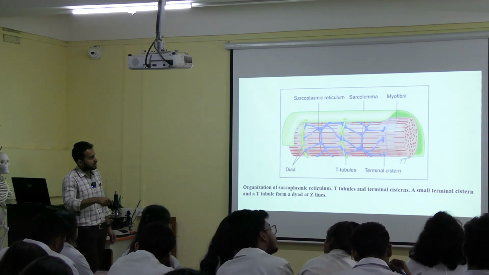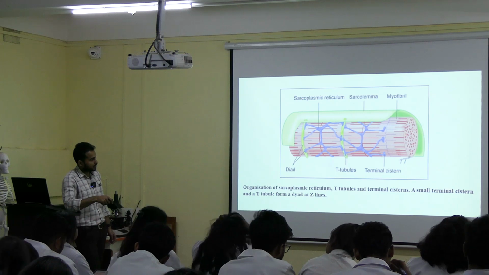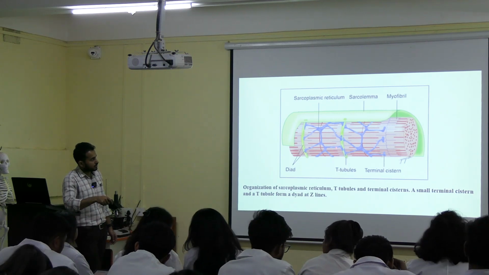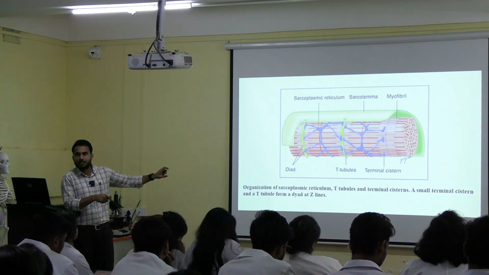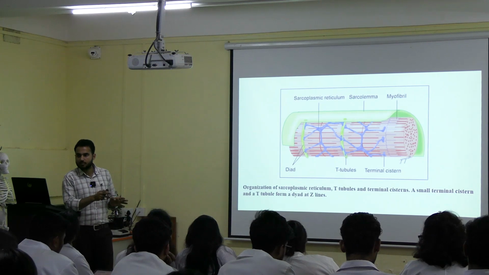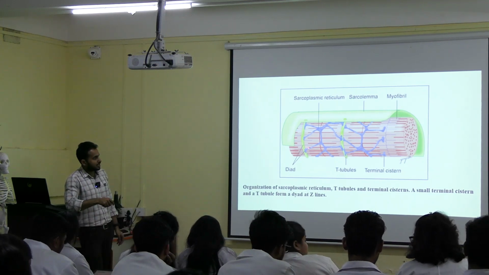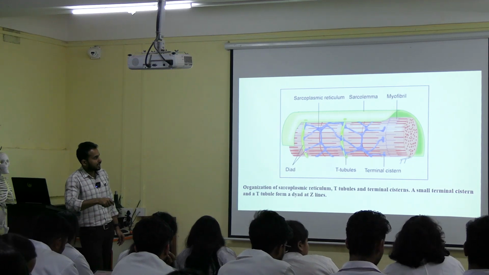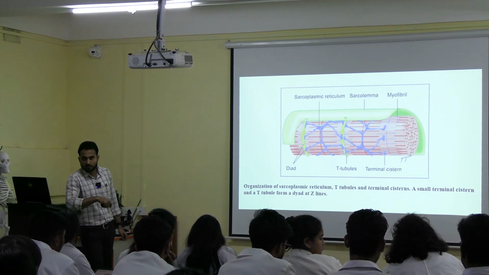This is a terminal cistern, this is a terminal cistern, and this is one T-tubule. These T-tubules are generally present only at the Z line in cardiac muscle. The T-tubule and the terminal cistern together produce a structure called a dyad.